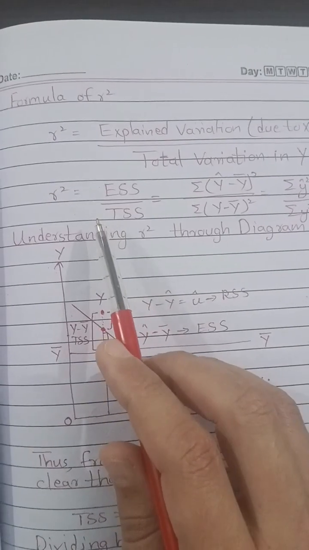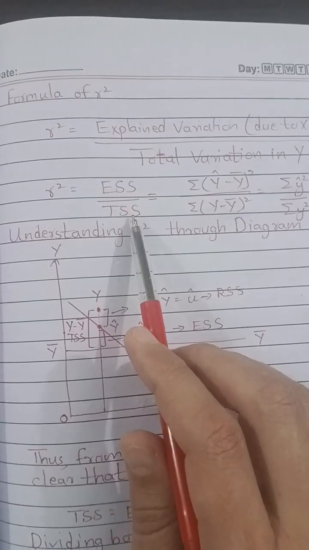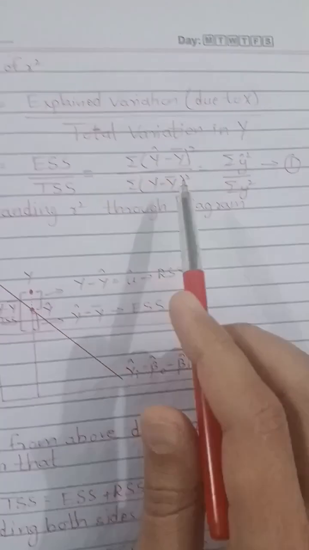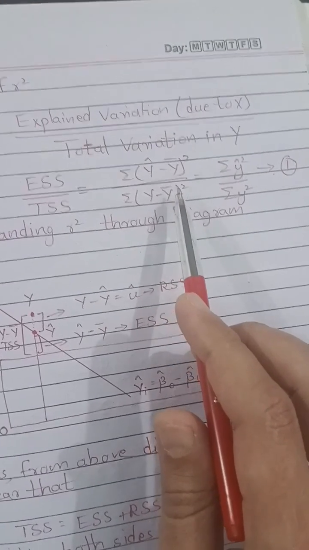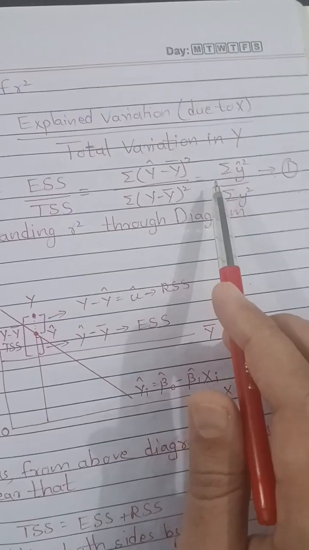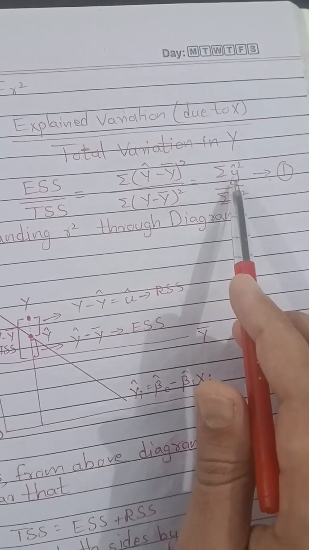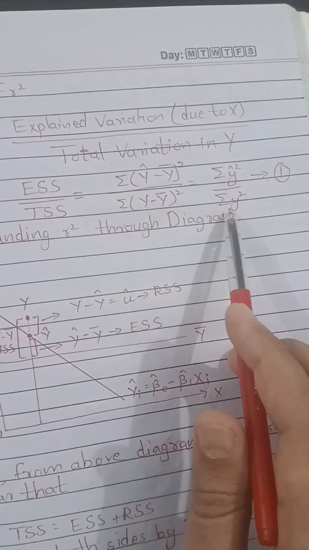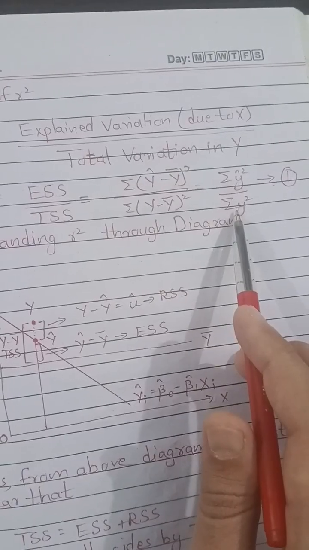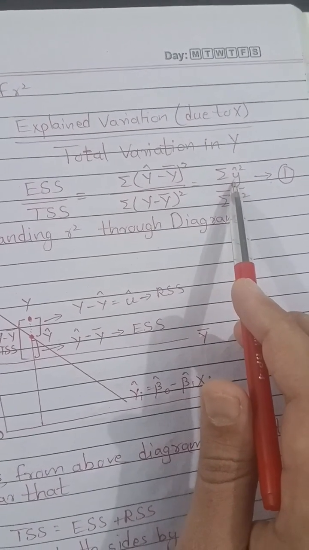In other words, r square can be written as explained sum of square divided by total sum of squares, which is equal to these ratios: sum of y hat minus y bar squared and sum of y minus y bar squared. I denote these differences with small y hat and this difference with small y. This small y shows the deviation of y around the mean, and small y hat shows the deviation of y hat from its mean.